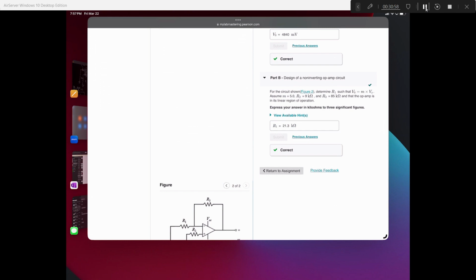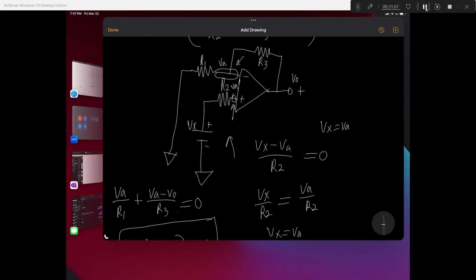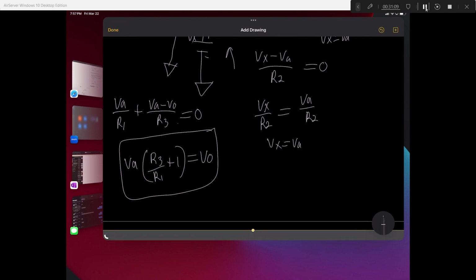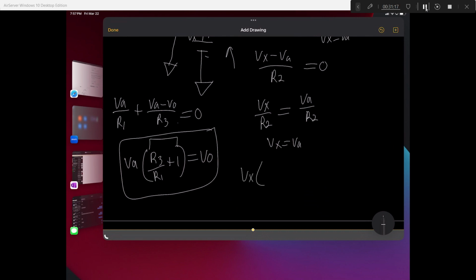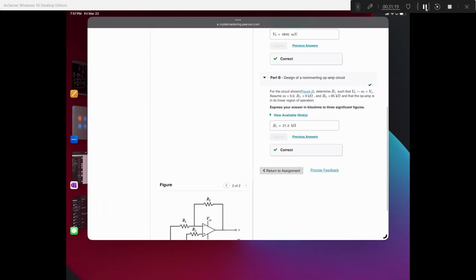Determine R1 such that Vout is equal to M times Vx. M is 5. Well, Va is Vx, and our M is going to be this whole portion here, because it has to equal Vout, and our equation has to equal Vout. So we know R2 and R3, it's given to us.